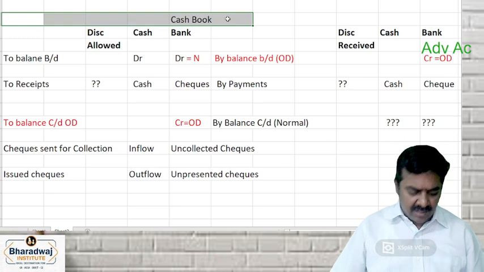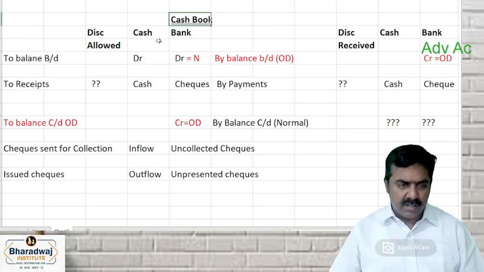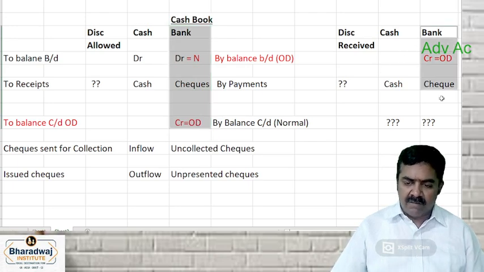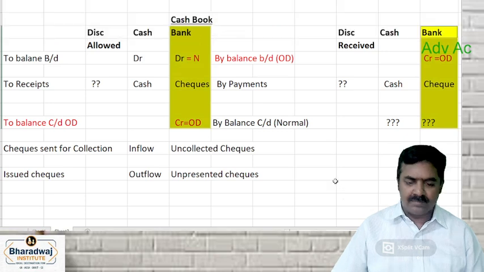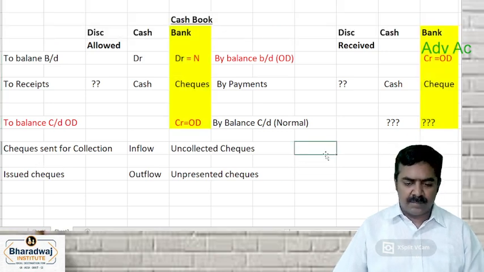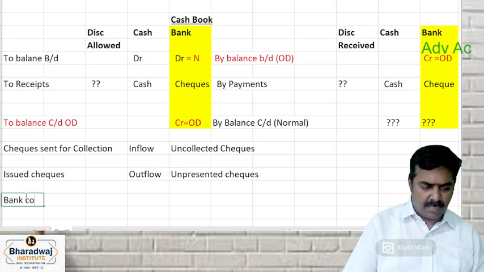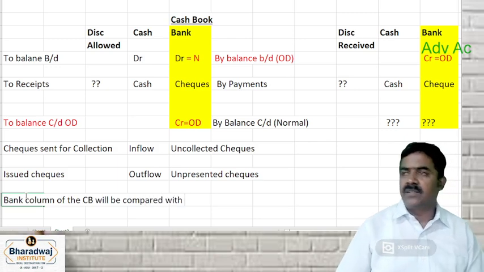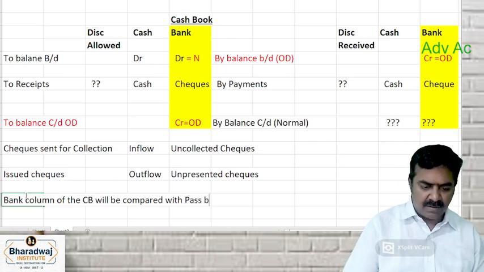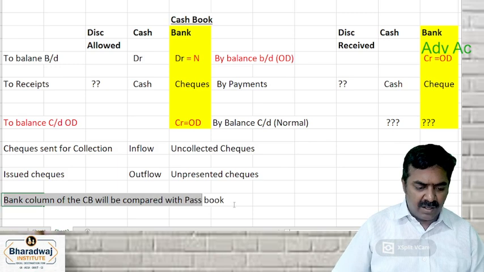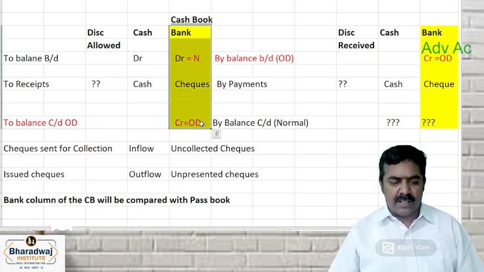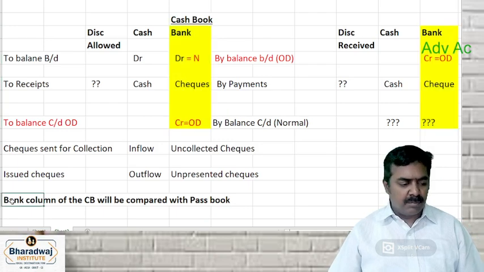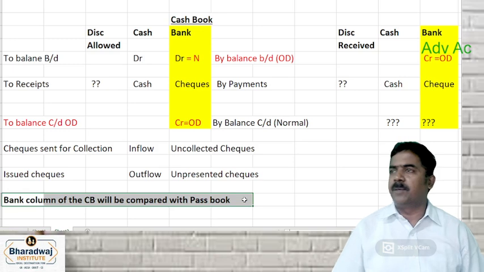Okay. So understanding the cash book matters for preparing which one? BRS. So for preparing BRS, we will take which column? Cash column or bank column? Bank column of the cash book will be compared with passbook. The bank column maintained by the customer, and the passbook maintained by the banker, will be compared for preparing BRS.